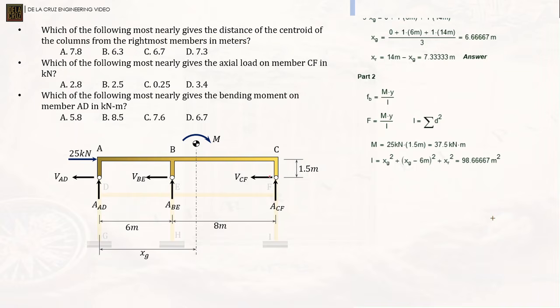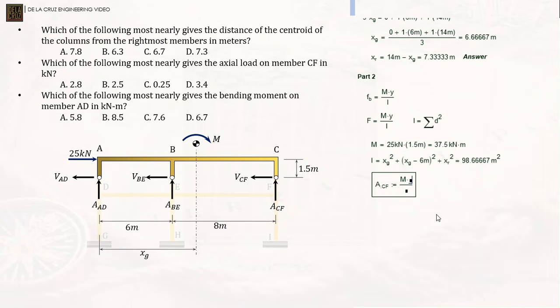Okay? So to calculate the force on member CF, I will just use this formula, MC over I. The actual force in member CF is equivalent to this. Our F there is denoted as the actual force on member CF. We already have the moment.